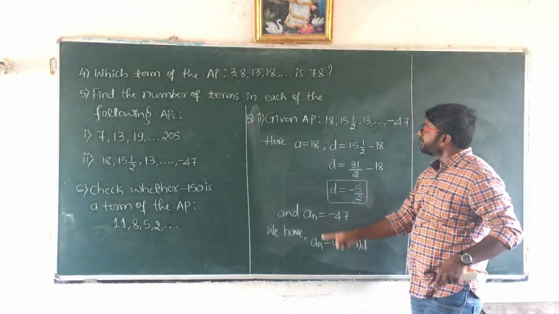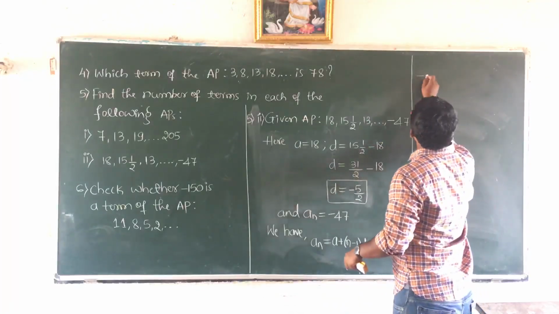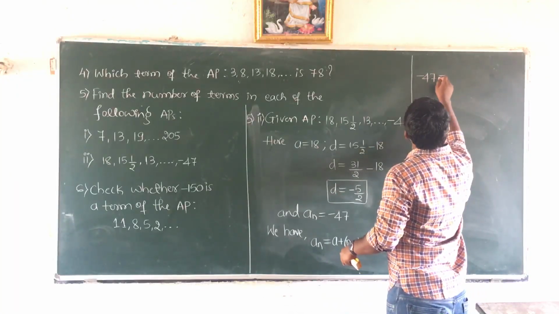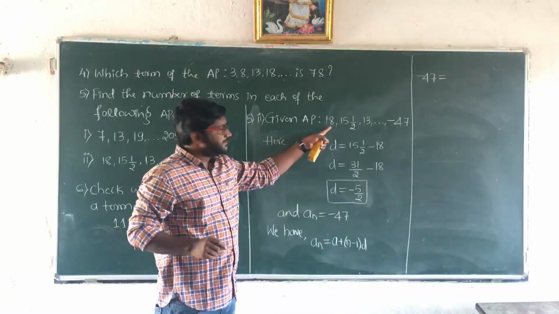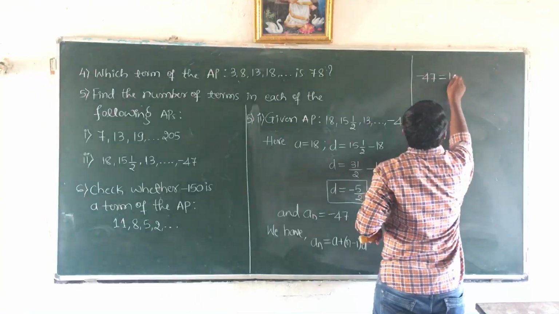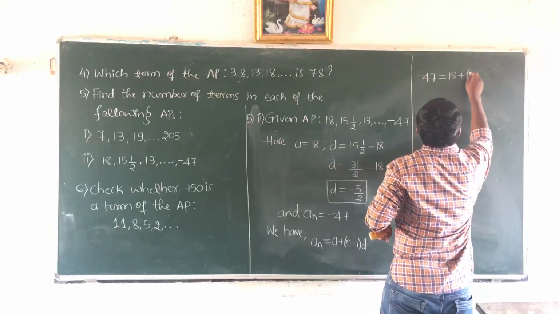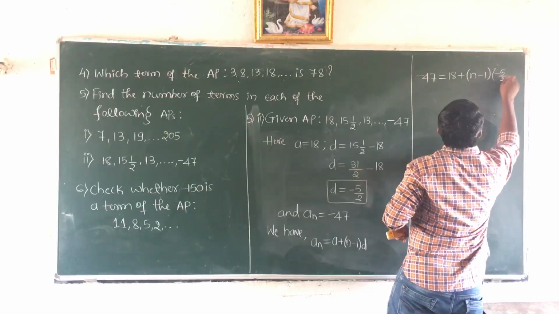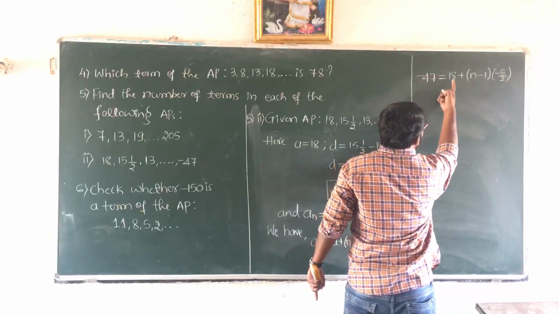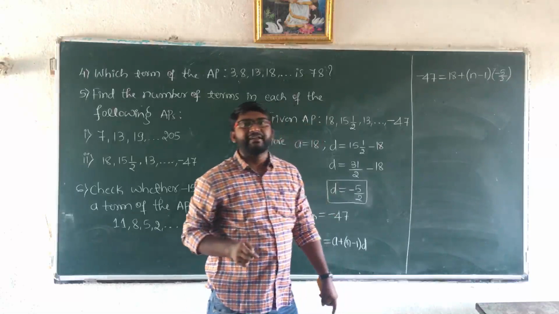What is AN? AN is minus 47. So minus 47 is equal to A, it is 18, plus n minus 1 into d. d is minus 5 by 2. Now take 18 to the LHS, it becomes minus 18.